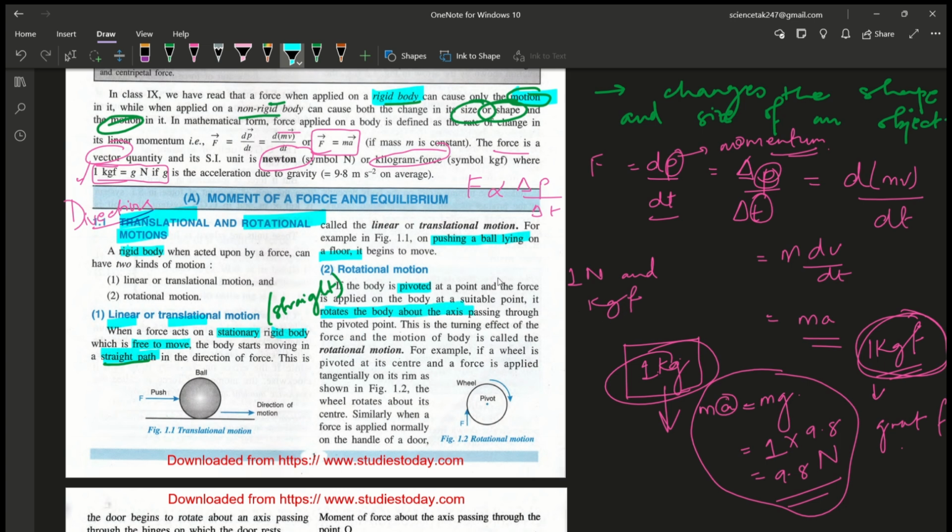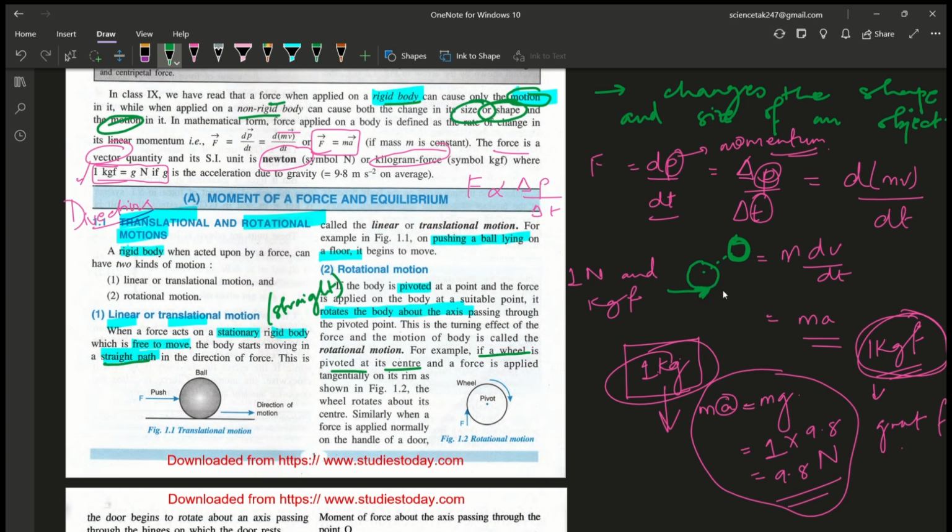Now let's get into the example straight away. For example, if a wheel is pivoted at the center, let's just talk about a car wheel. There's an axle and there's the wheel, right? The friction force causes it to move.